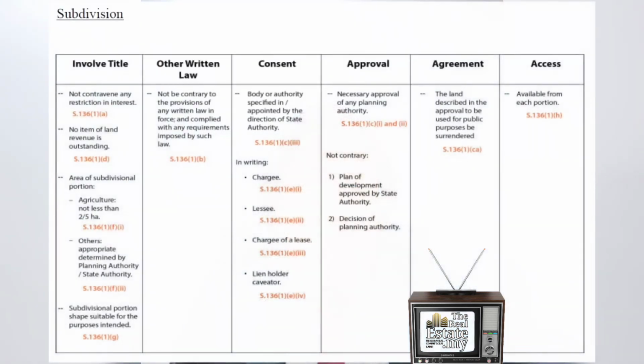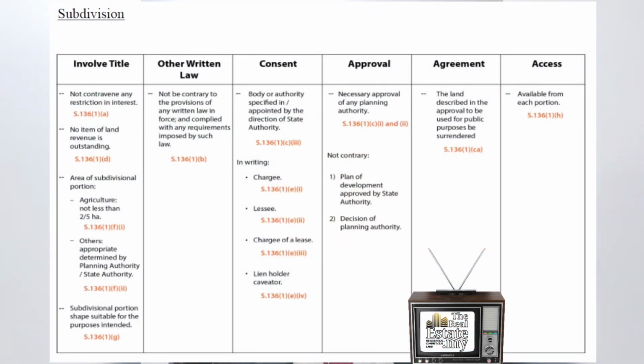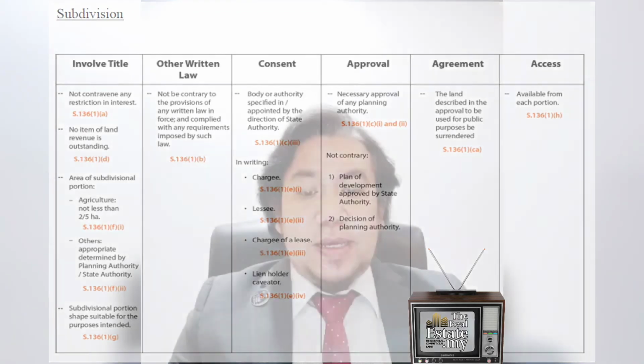As a conclusion, in summary, the subdivision, partition, and amalgamation process flows are quite similar. Several sections of the NLC are referenced for each process as shown above. In the overall process of land development in Malaysia, some developments require different things.